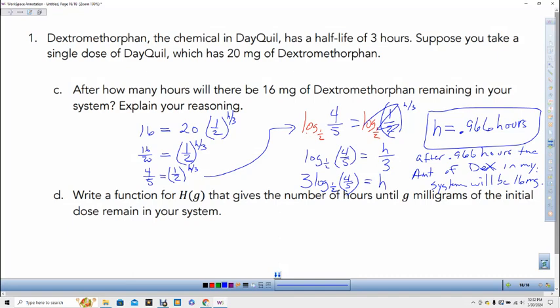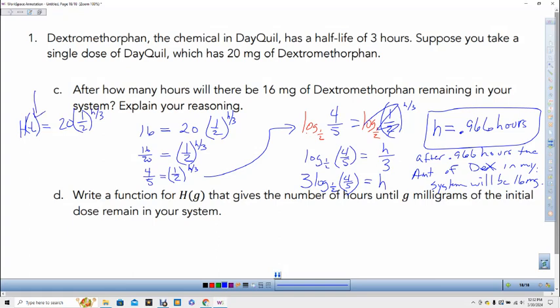All right, and in part D, write a function for h of g that gives the number of hours until g milligrams of the initial dose remain in your system. So back up here, remember g of h was what we had, and that's where we got the 20 times 1/2 to the h over 3.